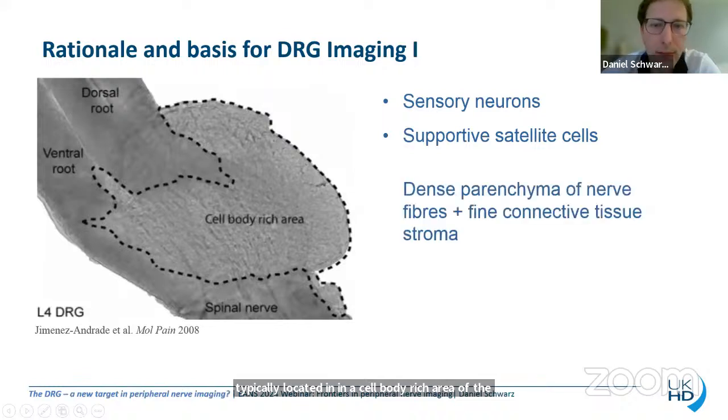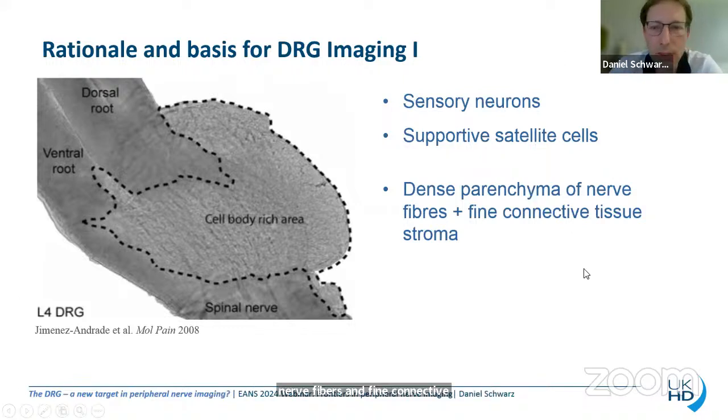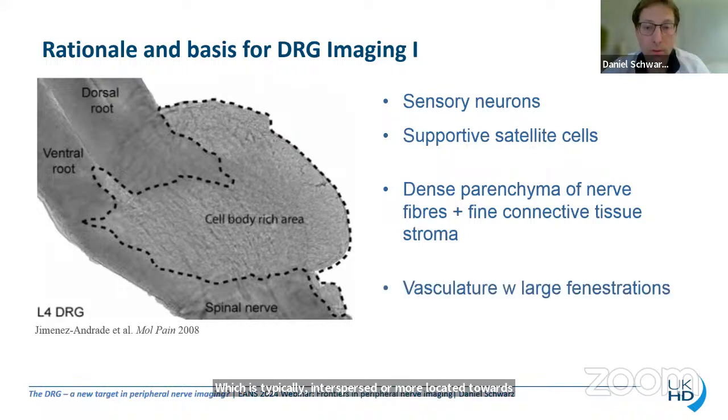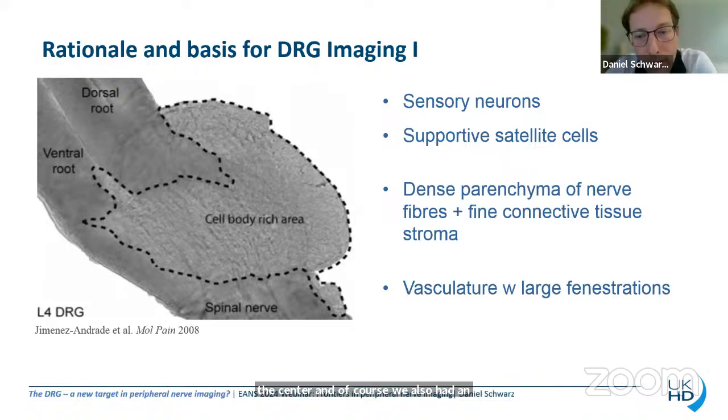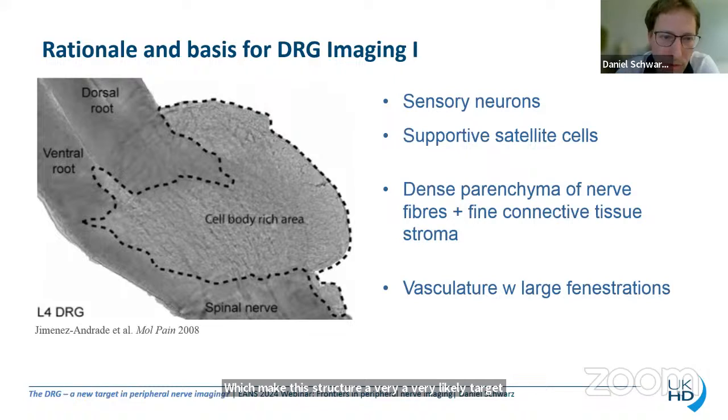And in contrast, we also have a dense parenchyma of nerve fibers and fine connective tissue stroma, which is typically interspersed or more located towards the center. And of course, we also have an important vasculature with large fenestrations, which make this structure a very likely target for hazardous substances or pathologic conditions in general.